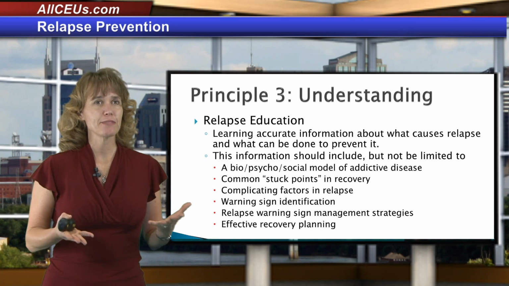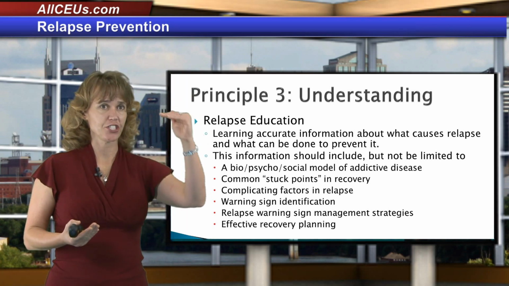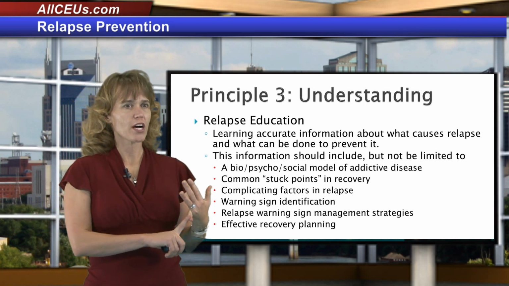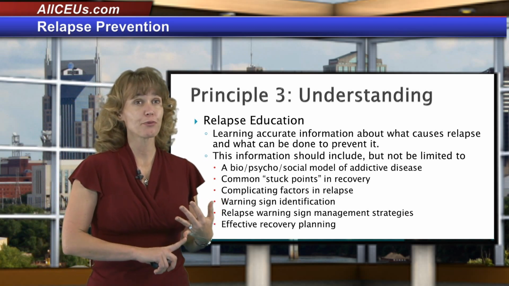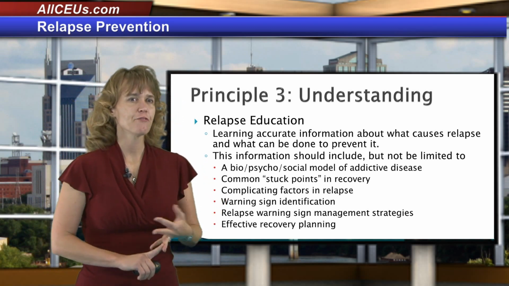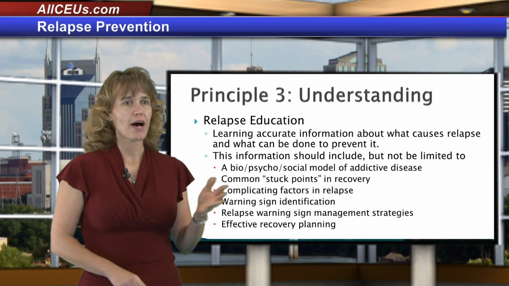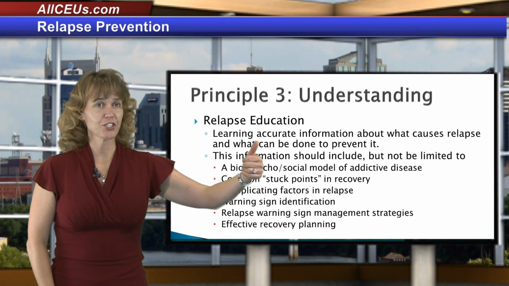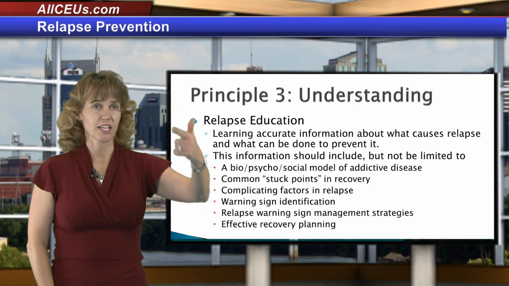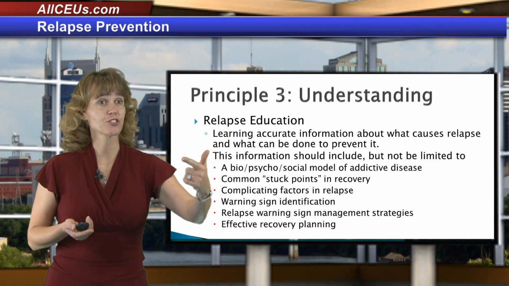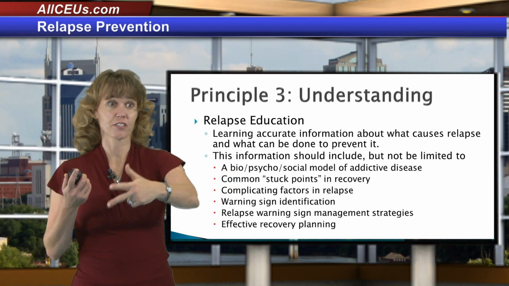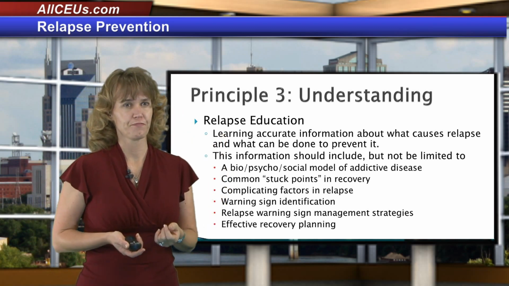Provide relapse education. Remember I said knowledge, skills, and abilities. Learn accurate information about what causes relapse and what can be done to prevent it. This information should include a biopsychosocial model of addictive disease, biological factors that contribute to it, psychological or mental health factors that contribute to it, and social or environmental factors that may contribute to it.